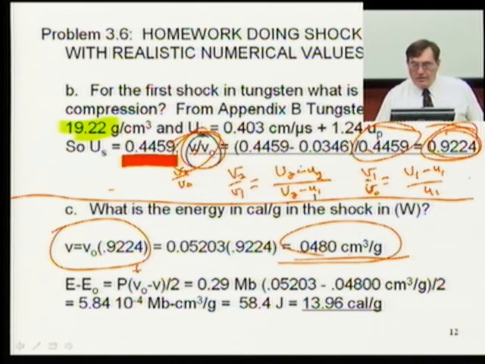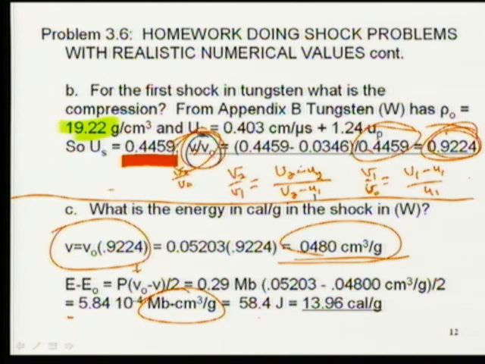And then you go ahead and use the conversion factors. Once you get it into megabar centimeter cubed per gram, you can convert it to joules, because remember 10 to the 5th joules is equal to 1 megabar centimeter cubed. Weird units, but it then would come out in some value of joules, and then 4.1844, I believe it is, joules per calorie, so then you can convert.